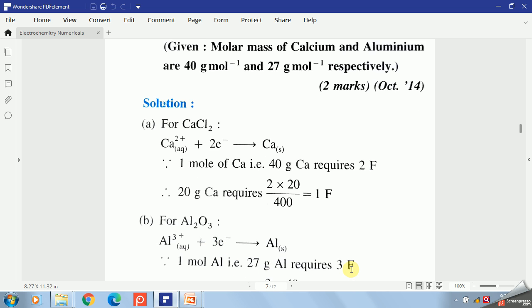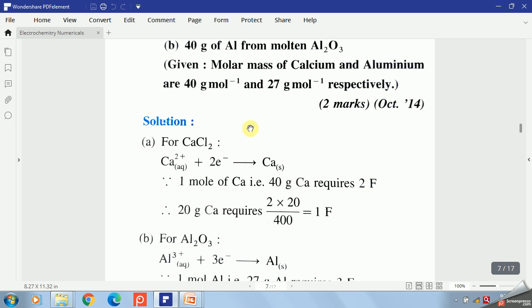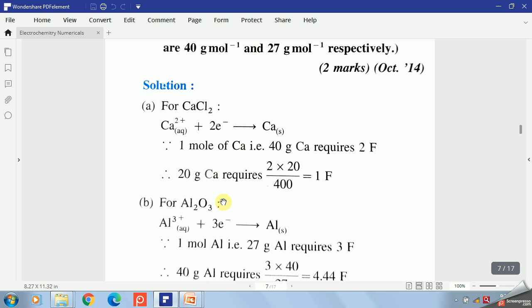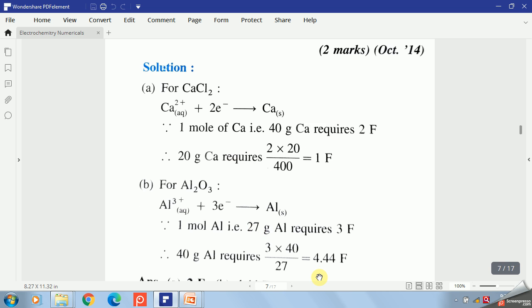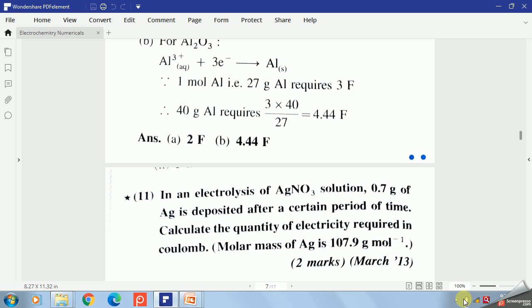So 3 moles of electrons correspond to 3 Faraday, which corresponds to 27 gram, because the molar mass of aluminium is 27. So 27 gram of aluminium corresponds to 3 Faraday, and you have to calculate for 40 gram of aluminium. So 40 gram of aluminium corresponds to 40 into 3 divided by 27. So your answer is 4.44.